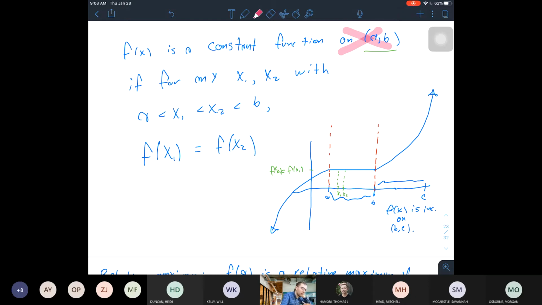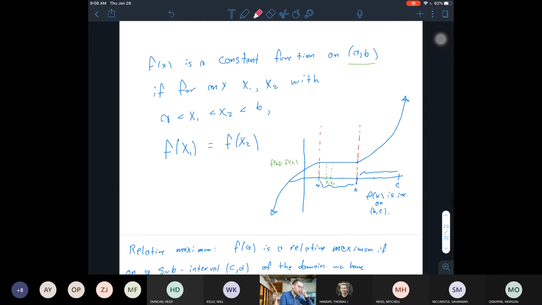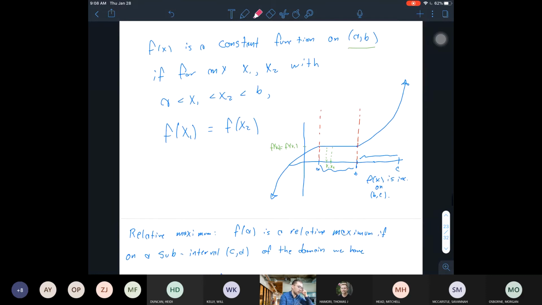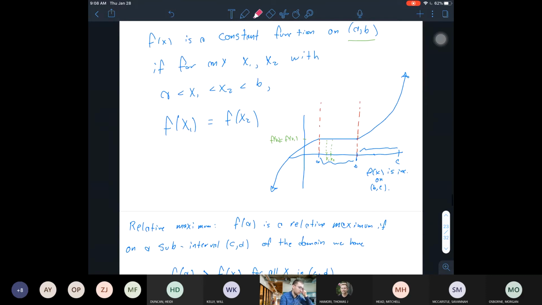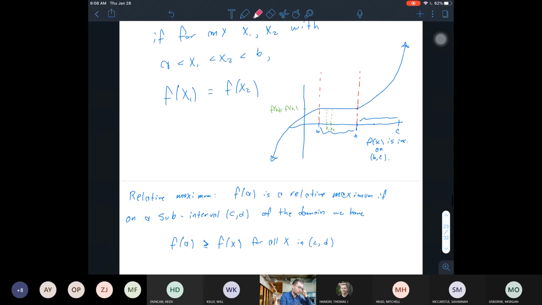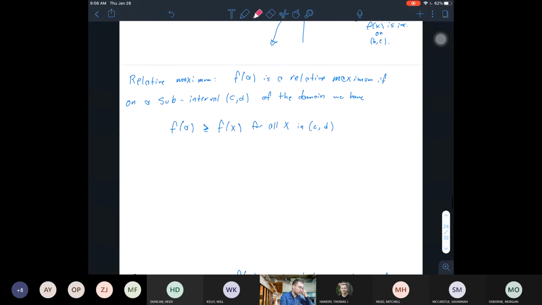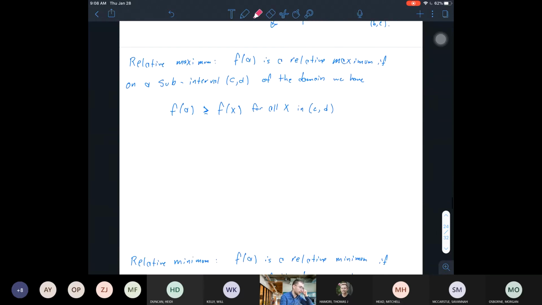So if I get rid of that, I really do mean in the traditional sense that it would be constant everywhere. But we specify these definitions with this a comma b so that we can be a little bit more specific for functions which are maybe sometimes constant, sometimes increasing, sometimes decreasing. So that's increasing, decreasing, and constant.